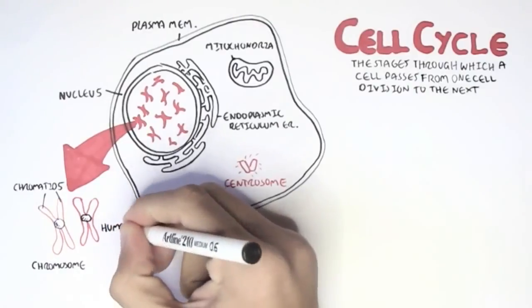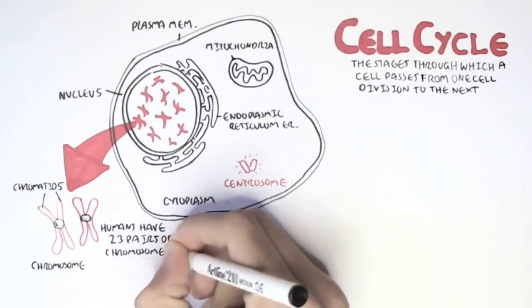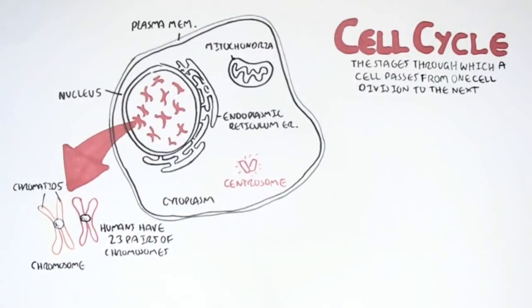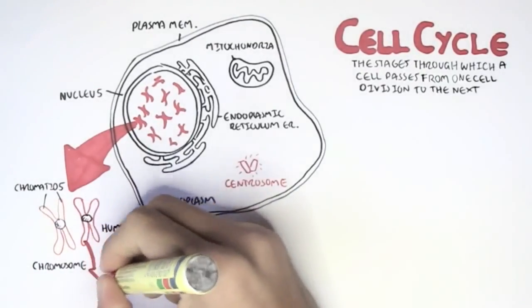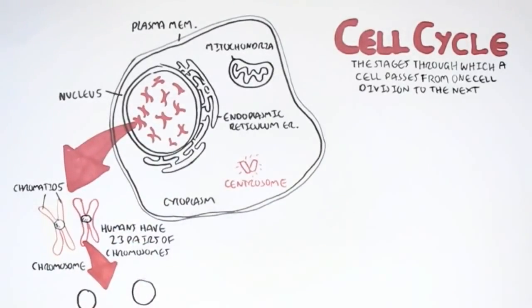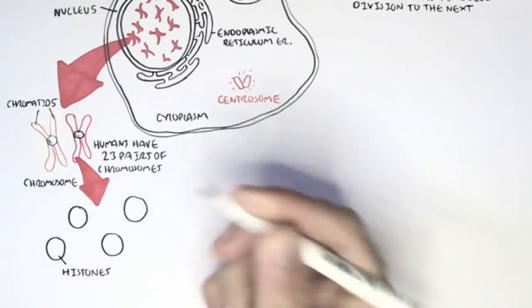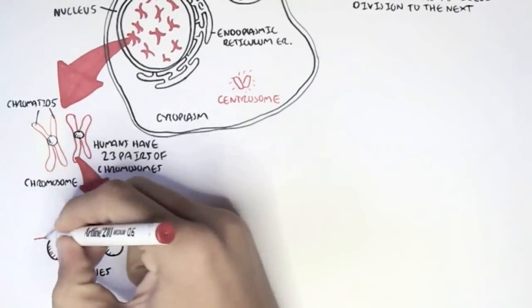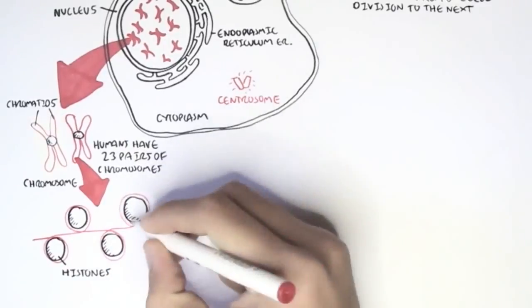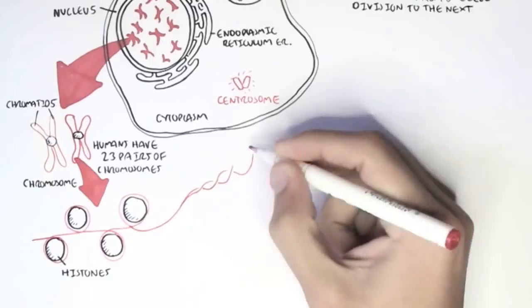Humans actually have 23 pairs of chromosomes, which means that we have 46 chromosomes, because 23 times 2 is 46. Now within these chromosomes, if we zoom in, we have these proteins called histones, which help package our long DNA very nicely.